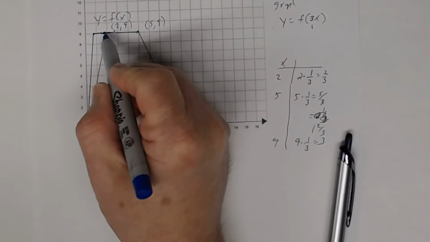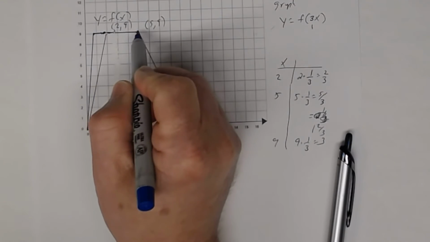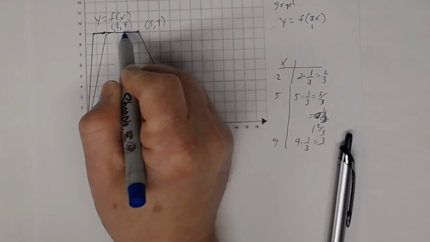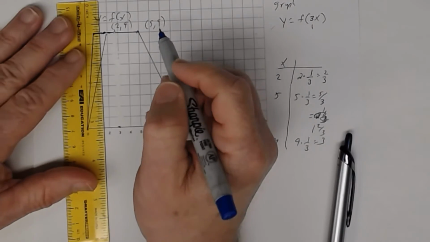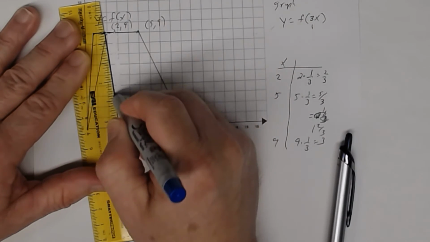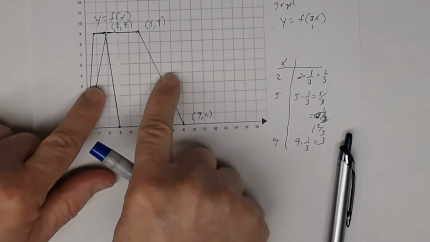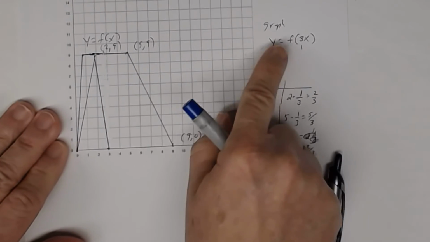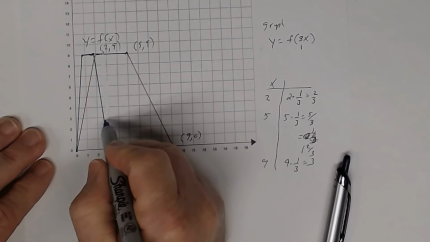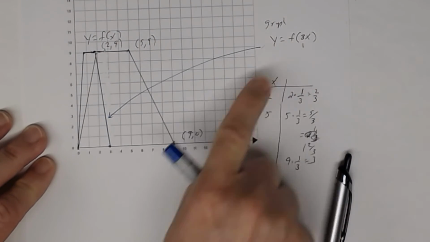So that's where the new point is. So this point went from here to here. So remember, I went this way. So it's a horizontal compression. And so you get this. So this right here, the blue graph, is the transformation of f of x. So this blue graph here is f of 3x.